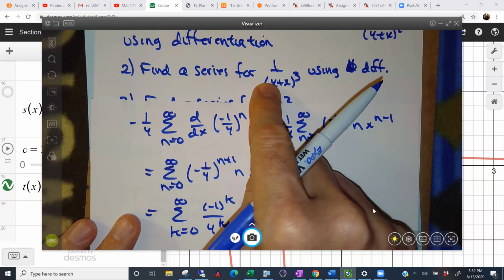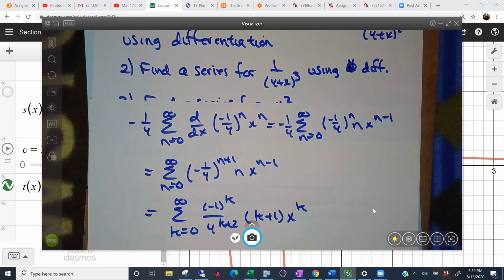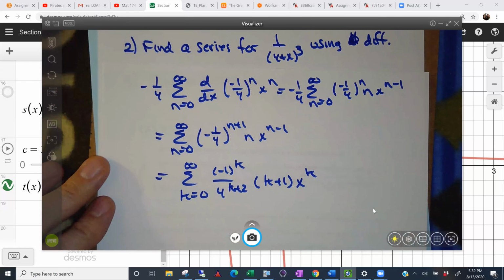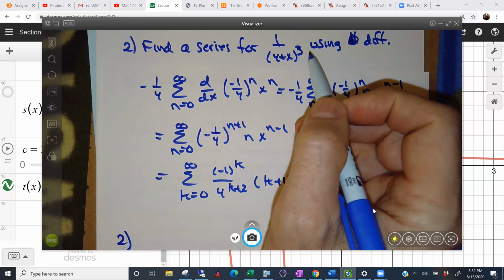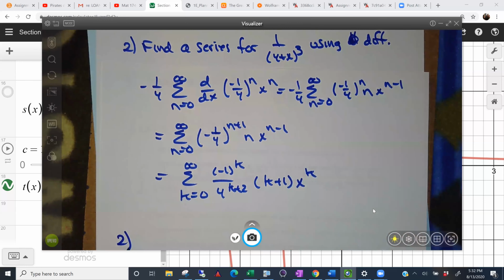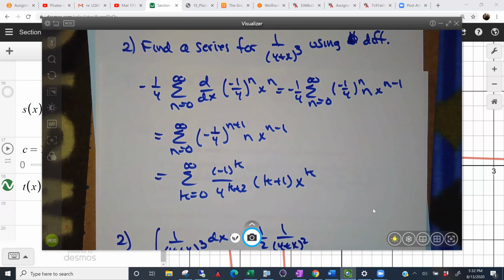Find a series for this. I'm going to try and speed this one up a little bit. If you integrate that to figure out what you're going to differentiate, then what you'll end up with is the integral of 1 over 4 plus x cubed dx. It's going to be negative 1/2 times 1 over 4 plus x squared.